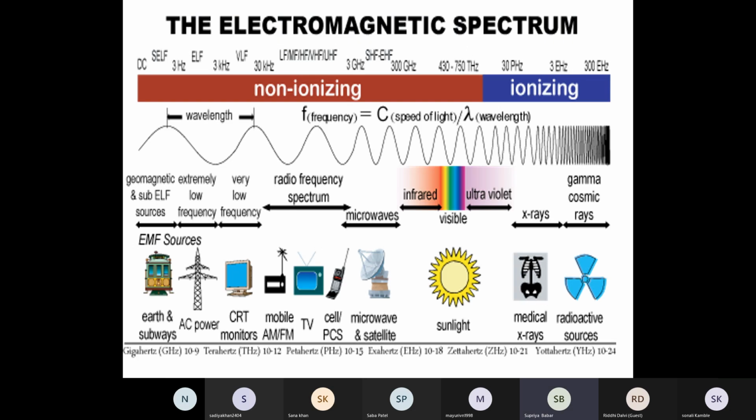Now see, in this electromagnetic spectrum, there are different spectral regions. There is a non-ionizing part and an ionizing part. As you go, see in the middle there is a visible region.